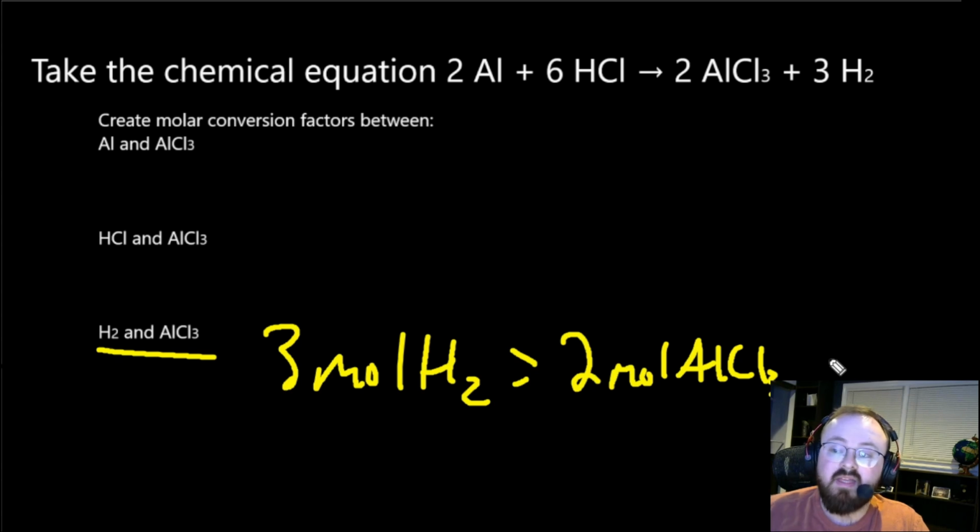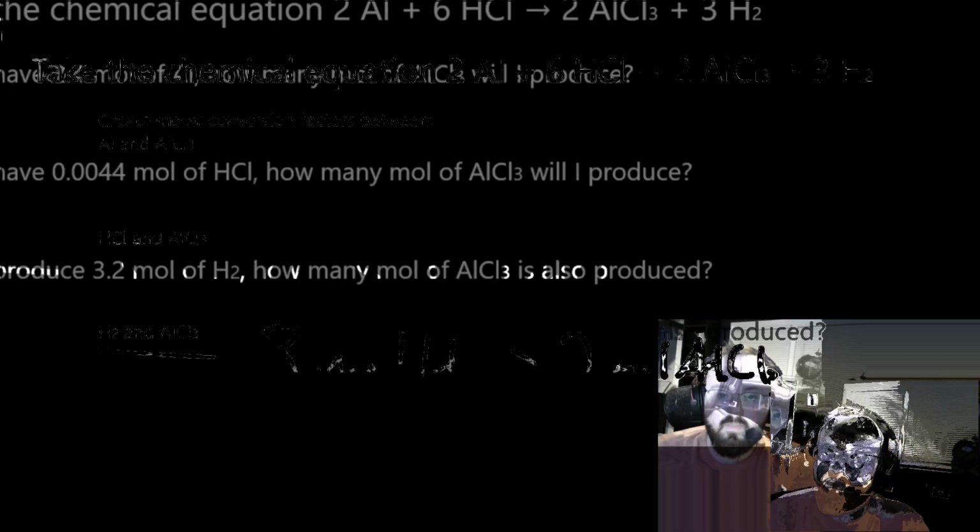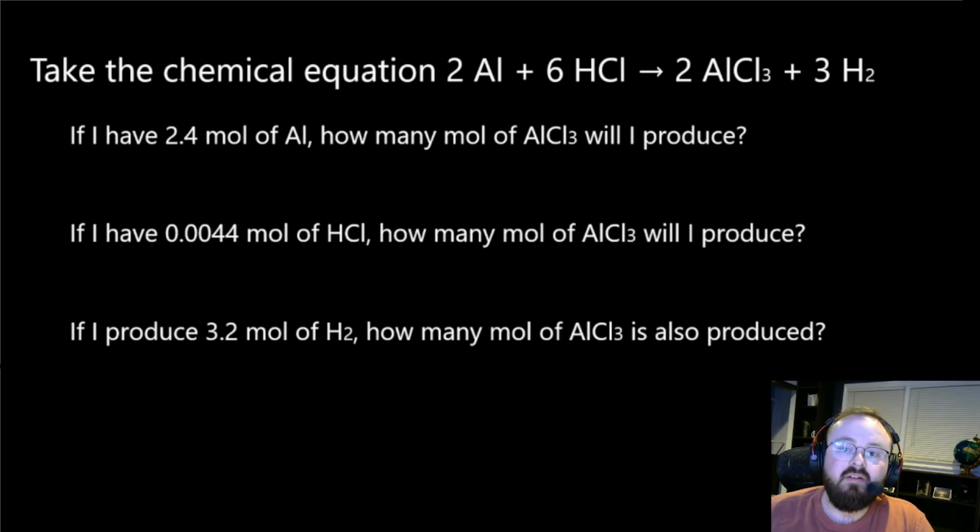So now, with this in mind, how can we use these conversion factors to start converting between moles in a chemical reaction? Let's start by looking at some easy conversions. We're taking the same exact chemical equation, but this time we're going to be converting between moles.